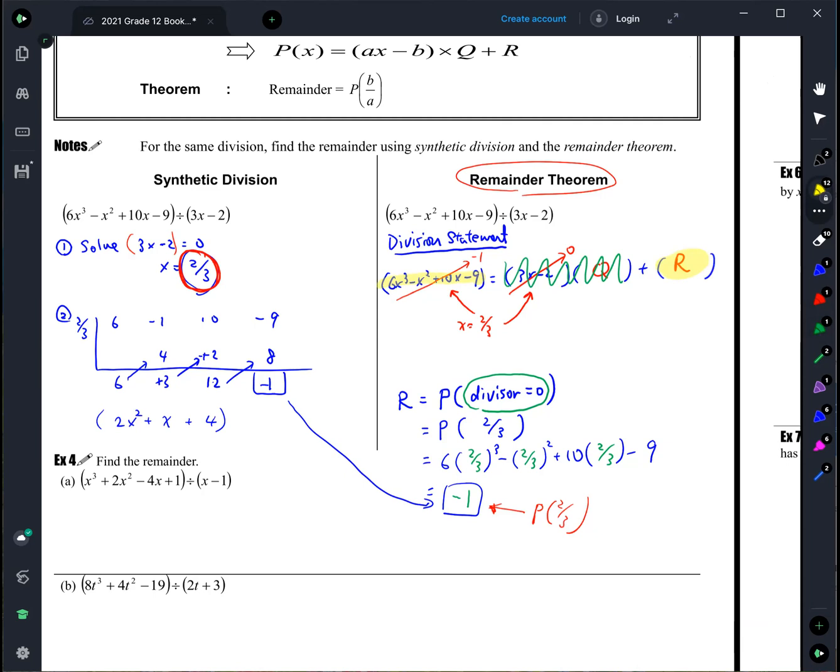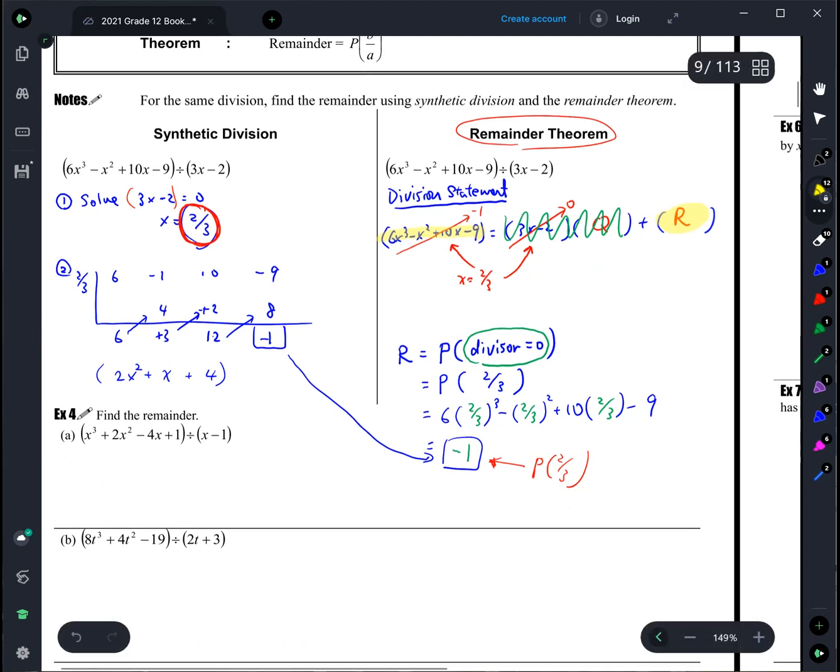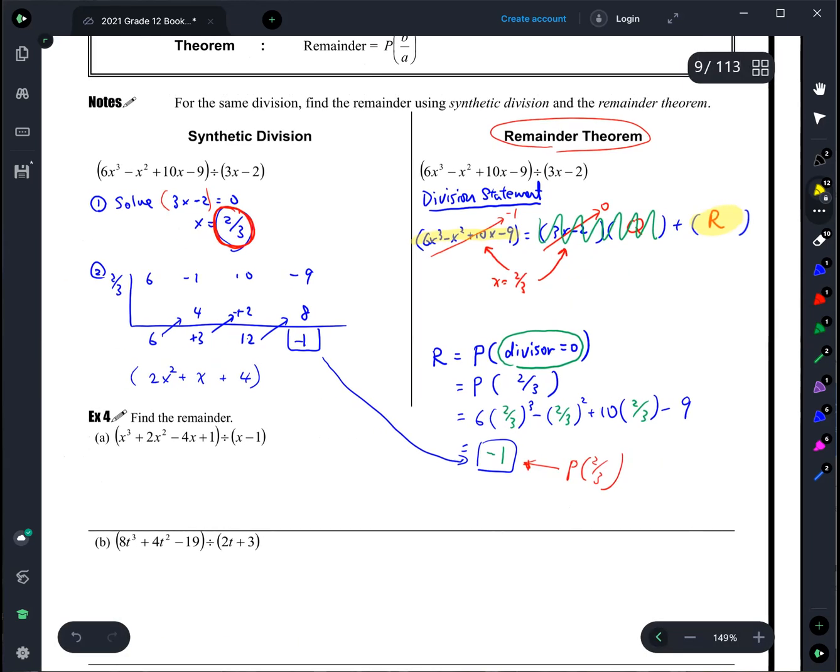The 2/3 makes the DQ disappear. That's the whole point. So remainder will just equal to whatever that you sub into the dividend. All right, so we can just use this if we want to find the remainder.